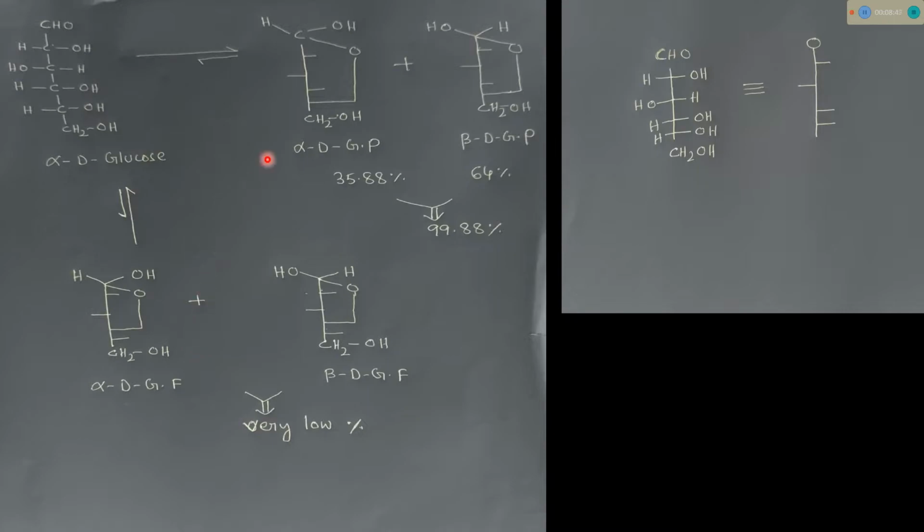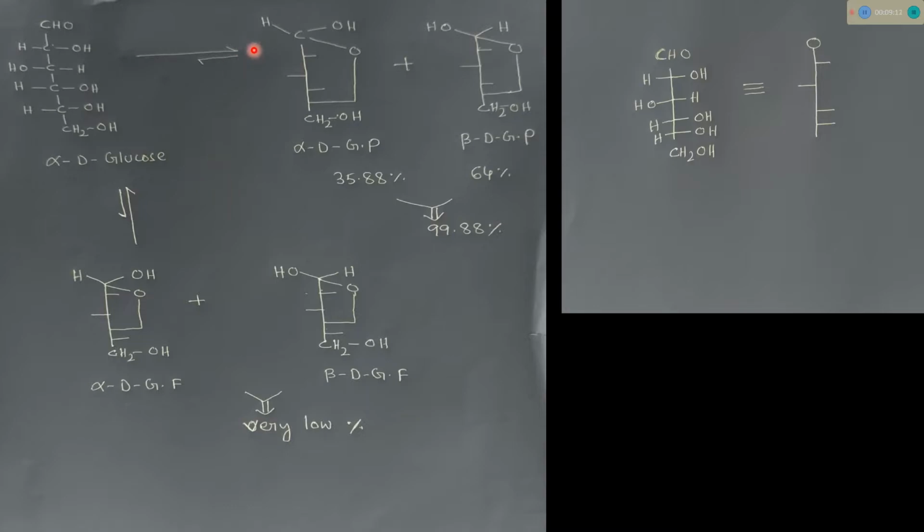So till now we learned that naturally all the glucose is D in nature. So in nature glucose exists in D form. It exists almost more than 99% in cyclic form and some amount in acyclic form.